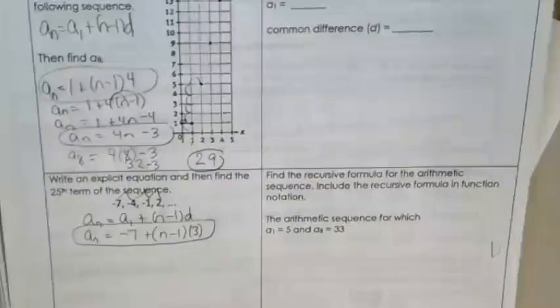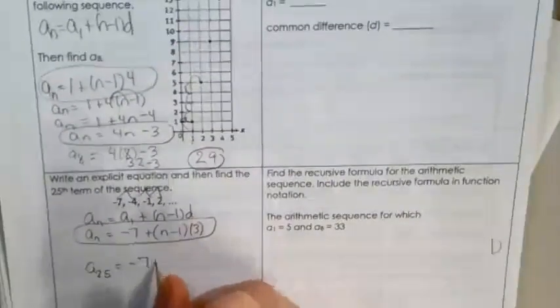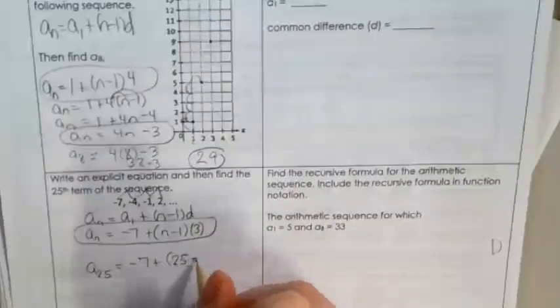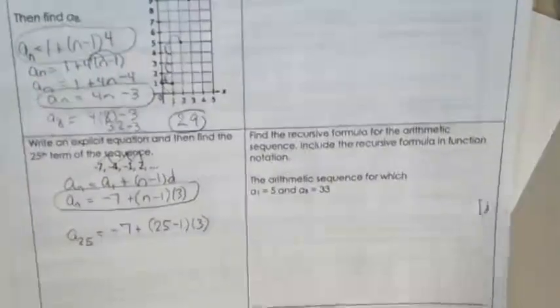Then the 25th term, a sub 25. Go ahead and do the arithmetic and see what you get for the 25th term.